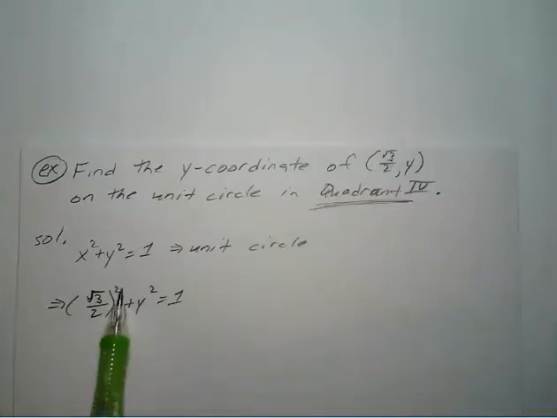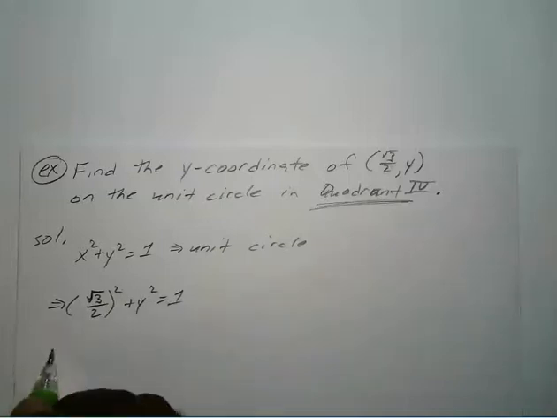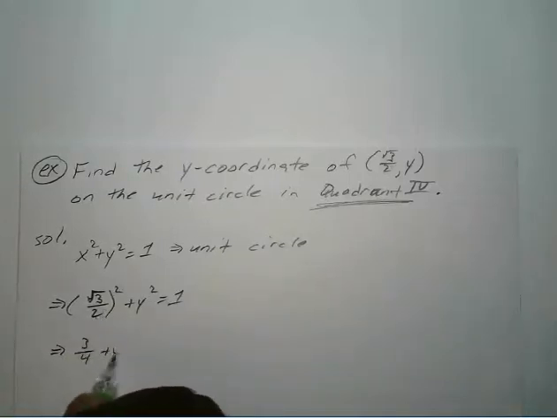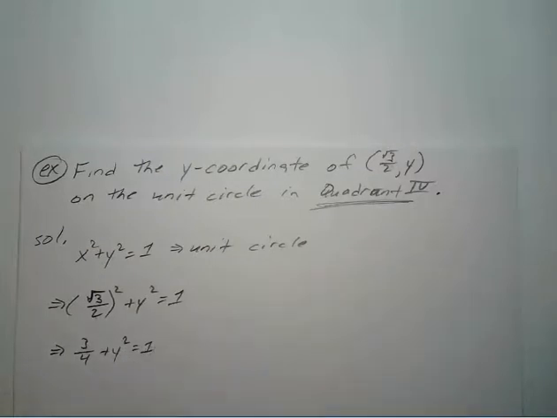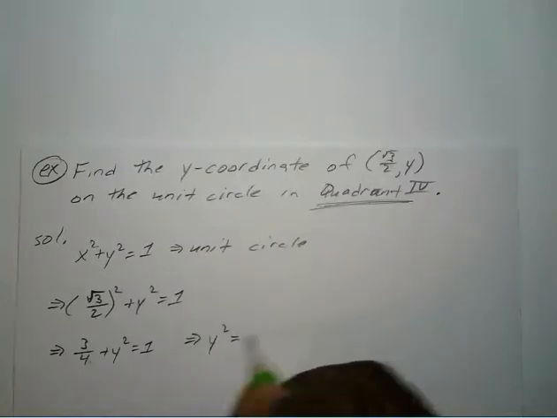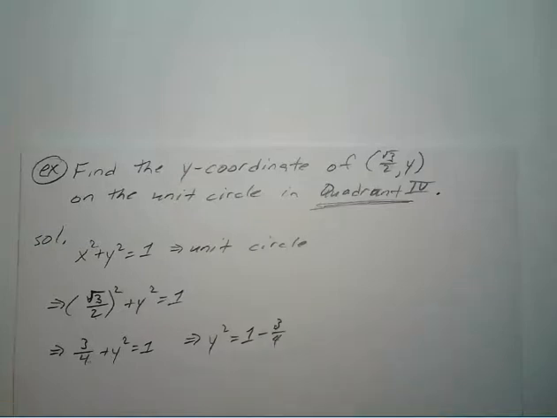Square root of 3 squared is just 3, so that's 3 over 2 squared, which is 4, plus y squared equals 1. If we subtract 3 over 4 on both sides, y squared equals 1 minus 3 over 4.